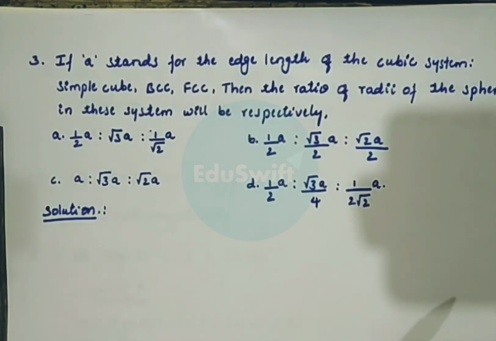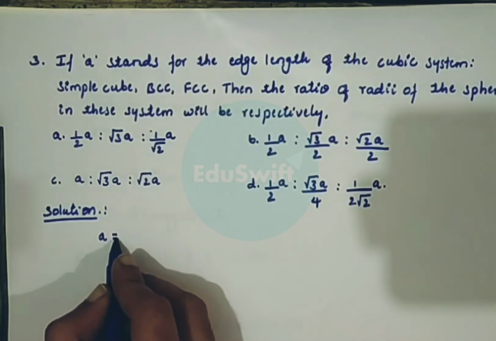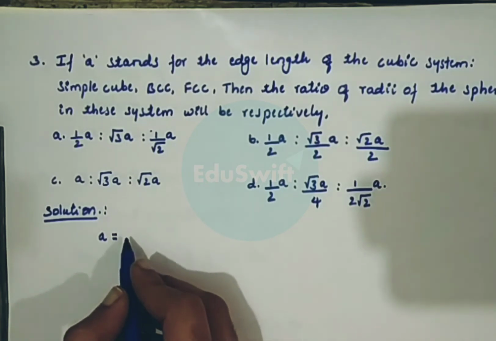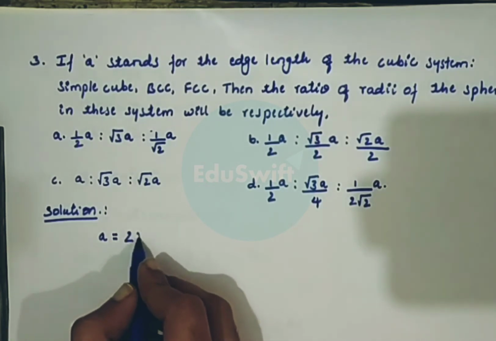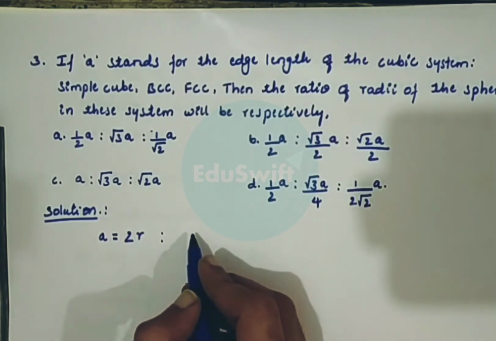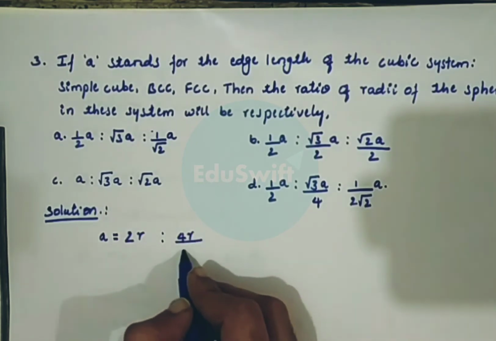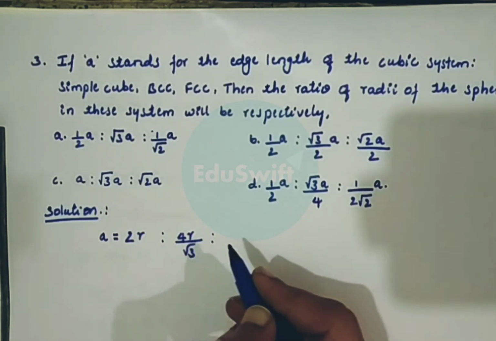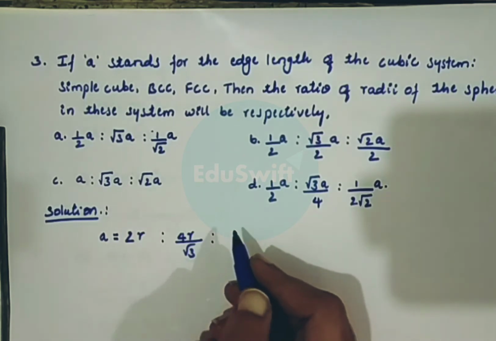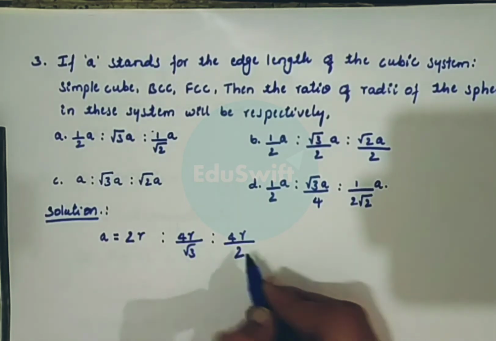So we know the value of a in each case: in simple cube it is 2r, 4r divided by root 3 in case of BCC, and in case of FCC it is 4r divided by root 2. So this is the value of a, the edge length.